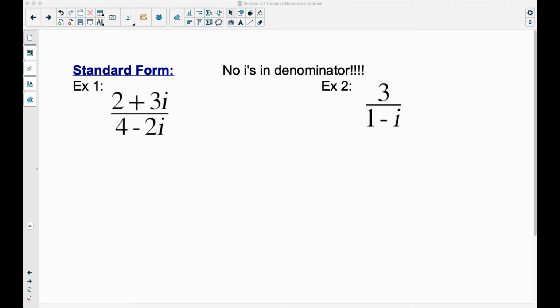Okay, so the same thing for the next problem. 3 over 1 minus i. Let me move this over.